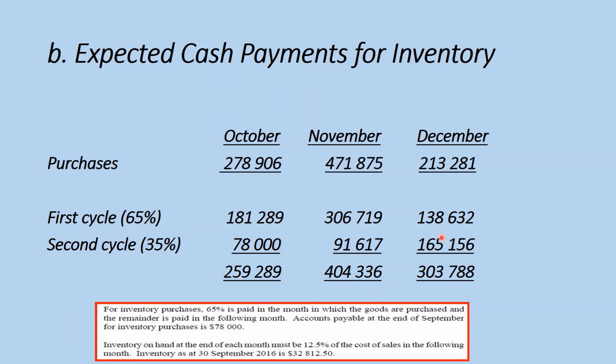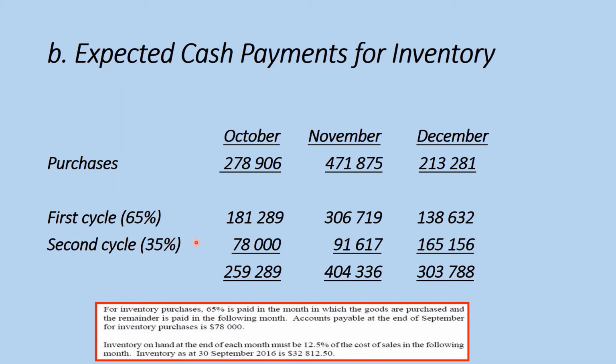Then in December, we have the 65% from the first cycle, 213,281, which gives us 138,632, and then we have the 35% remaining from November, which is added on. We get 303,788 as the payment for December. So this is a nice little way you can put it together if you didn't know how to do it.